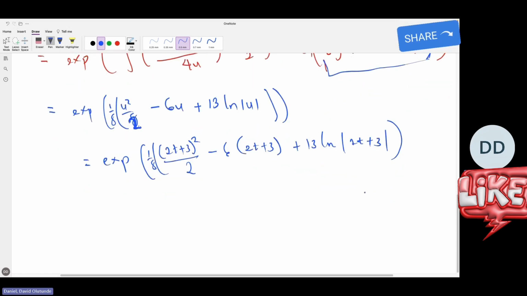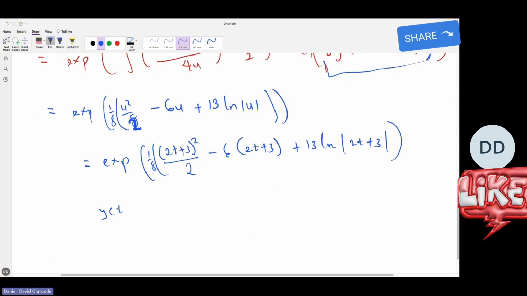So our y of t, don't forget this formula: y of t equals the integral of q of t times the integrating factor, plus c.